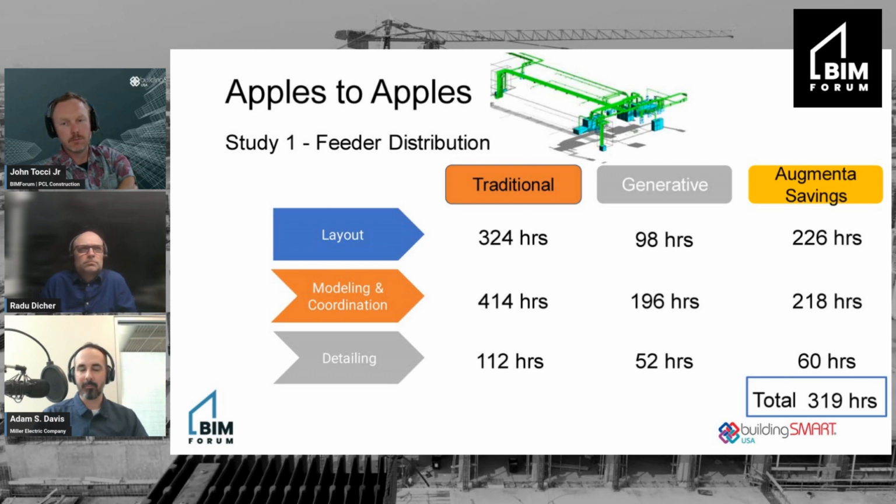Adam, one thing to look at with that 319 hours is that, generally speaking, on most projects that don't have a robust DFMA approach, layout, modeling, coordination and detailing, all of those activities essentially sit on the critical path of the project. I would agree.